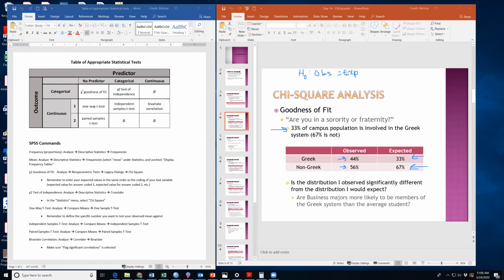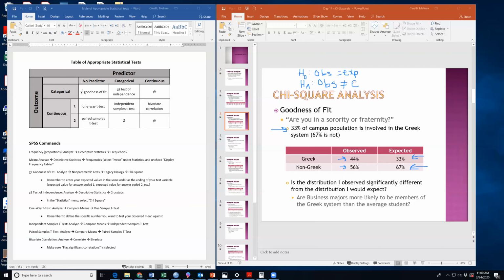I don't think these differences are signifying anything greater about the population of business students. I just happen to get too many Greek students in my sample, all right? That's one possibility. Another possibility is that this difference is so large that it is unlikely to have been due just to chance or sampling error, all right?